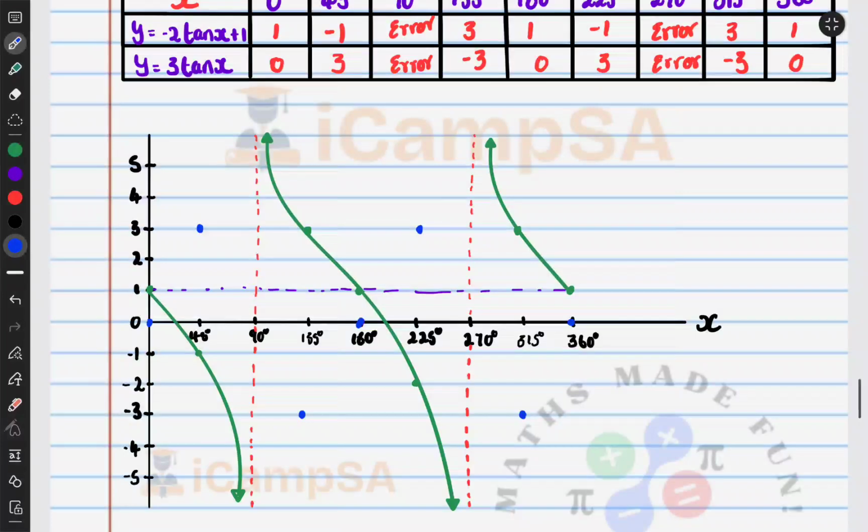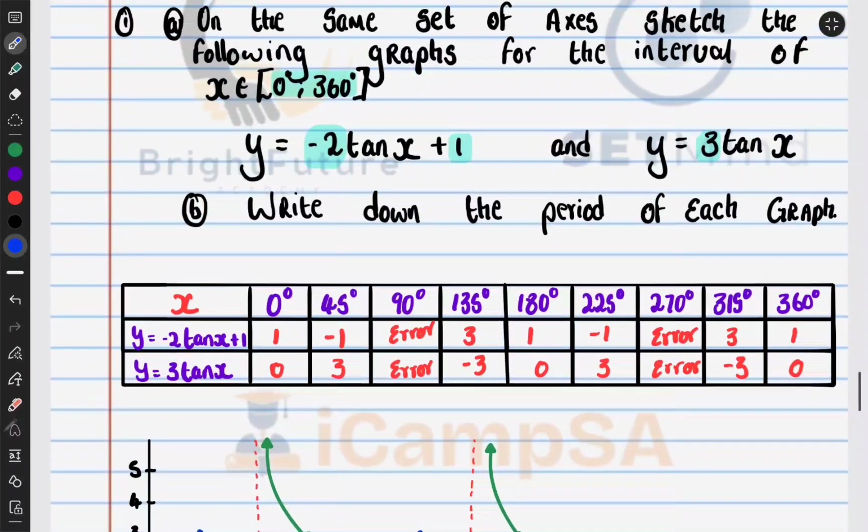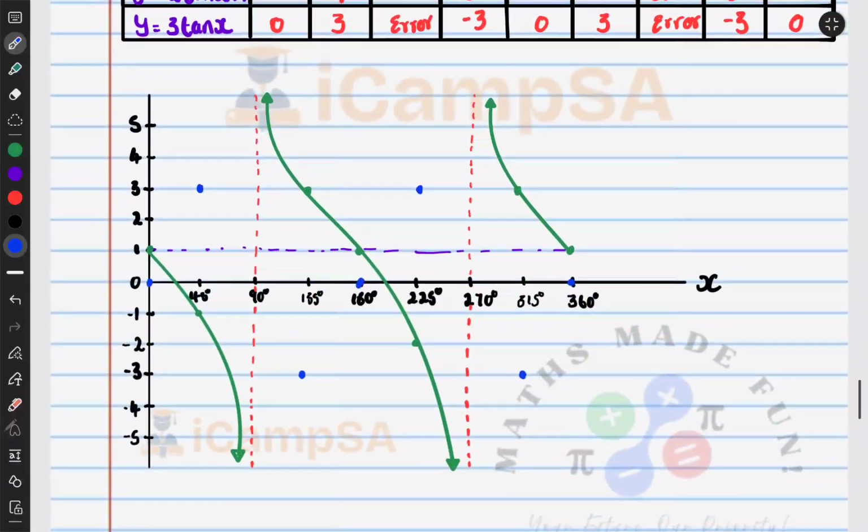But it's not a straight line, it's a curve. It would have been better if we had sketched these functions on a different set of axes, but it's okay. Let's try to make a curve here.